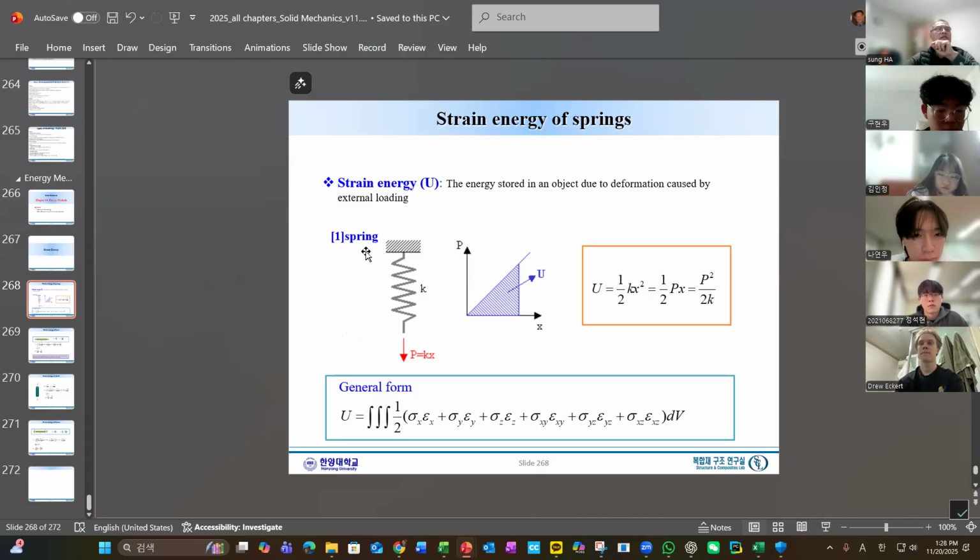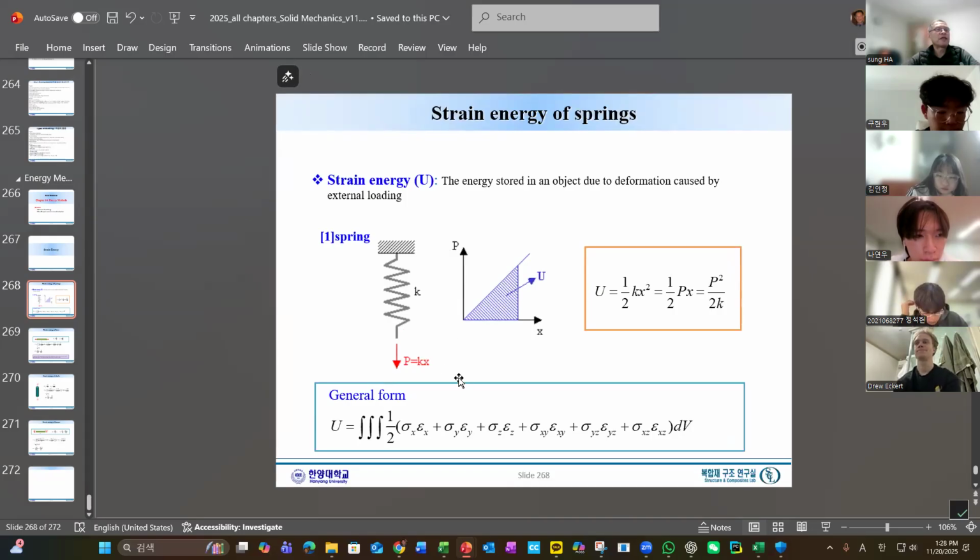So let's again define the characteristic of a spring. Let's say this is a spring with a spring constant K. Now try to imagine you are applying a force from zero to a certain level to the spring. How do you feel that?